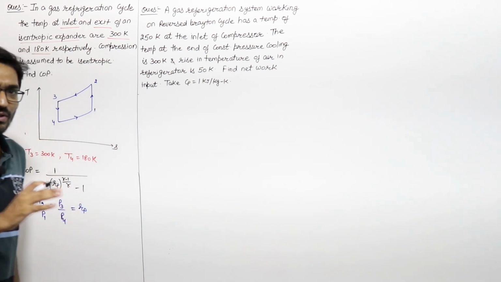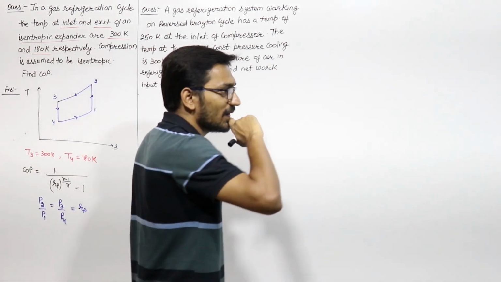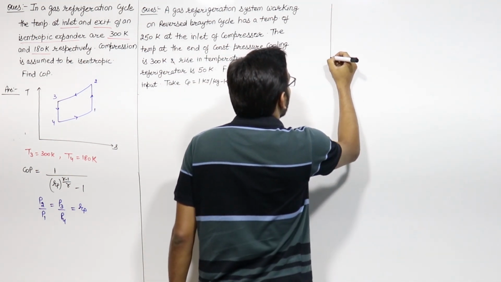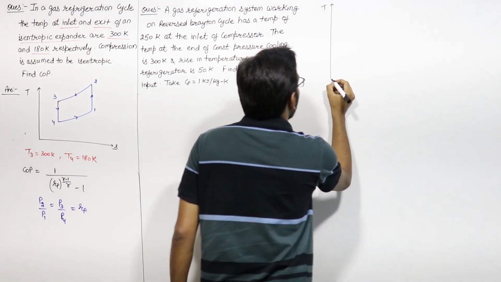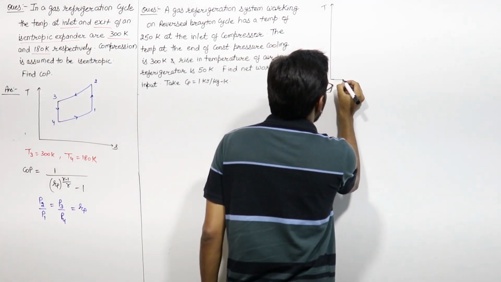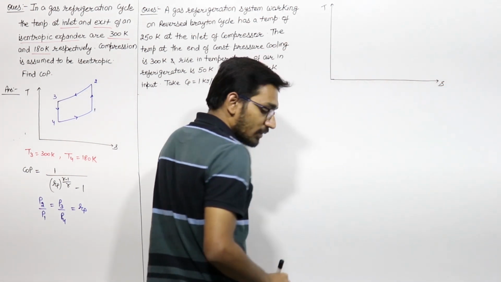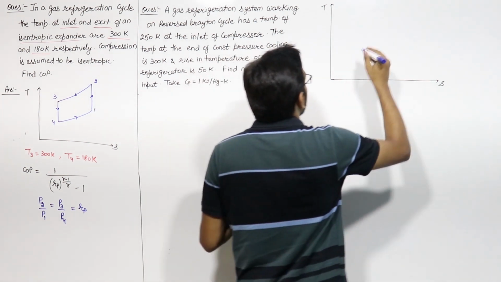For solving any question on the reversed Brayton cycle, first of all make a habit to make a TS diagram. Because if you make the TS diagram, then you will get more clarity about which data is given and how to proceed. Let us draw a TS diagram for this question.